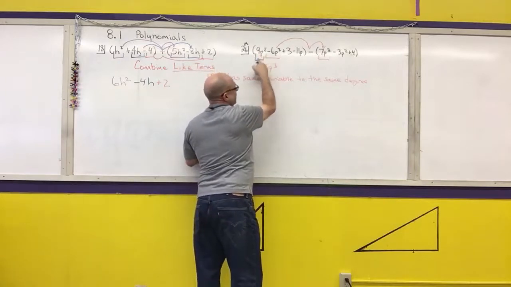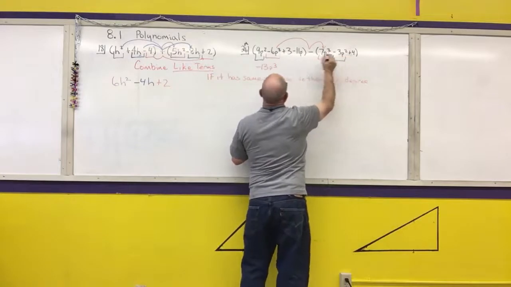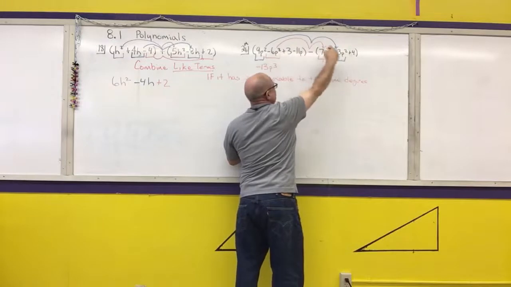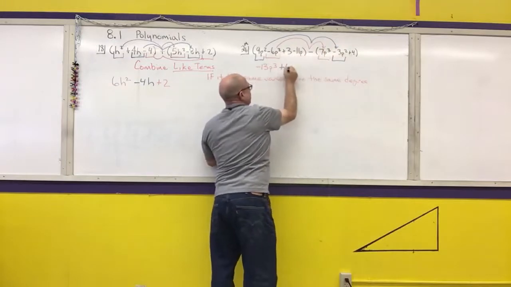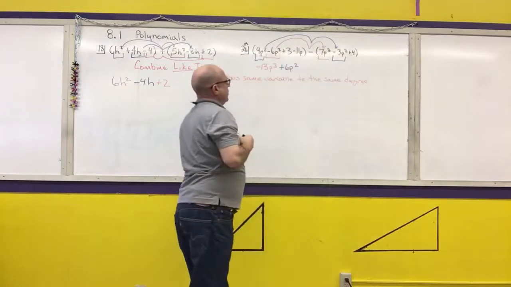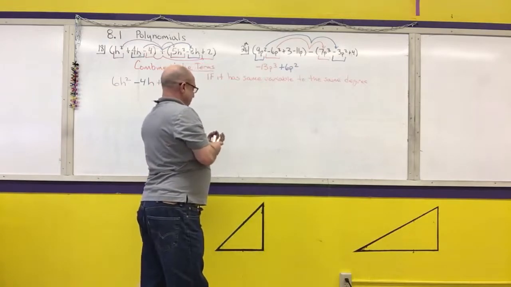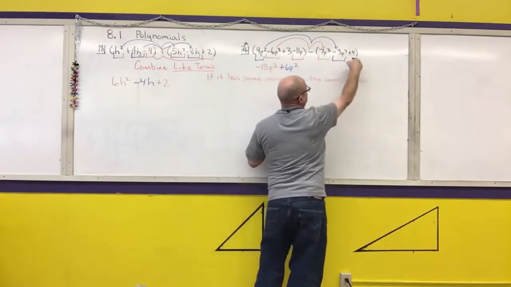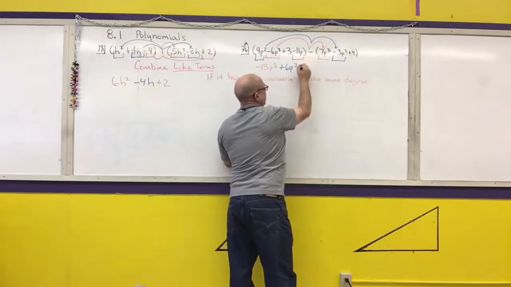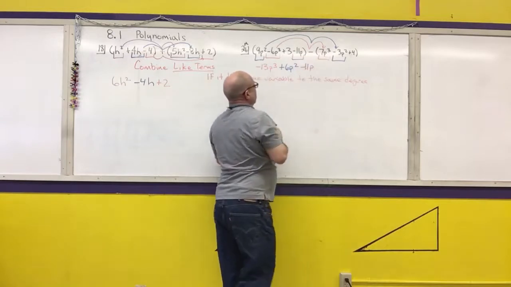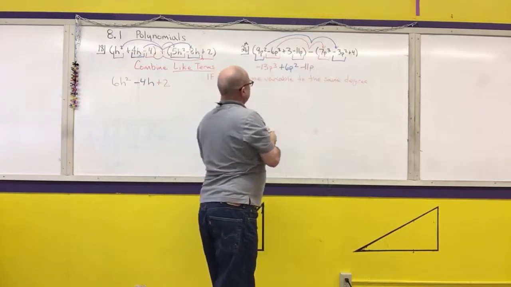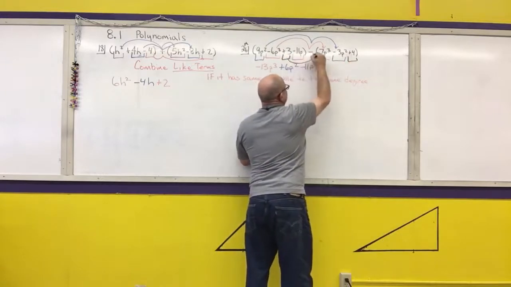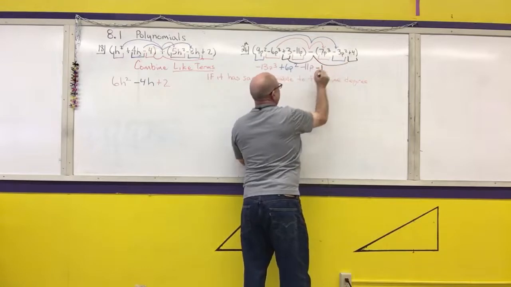I have 9p squared, negative 3p squared. 9 minus a minus 3 is 9 plus 3, which is 6p squared. Then my first power terms are negative 11 and 0. So I'm just going to add the negative 11. And finally, my constant terms, I have 3 and 4. 3 minus 4 is negative 1.